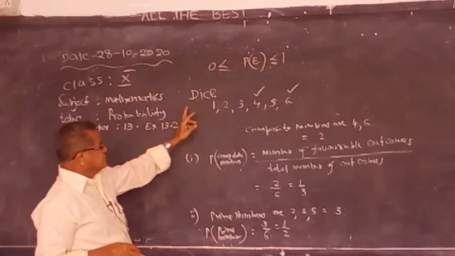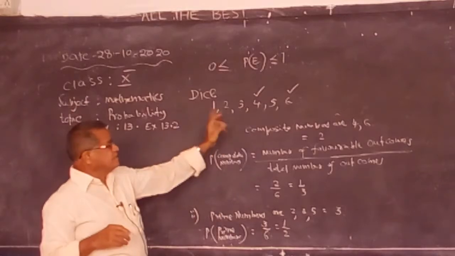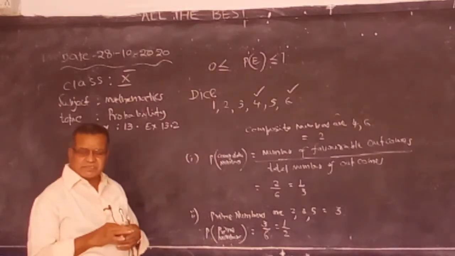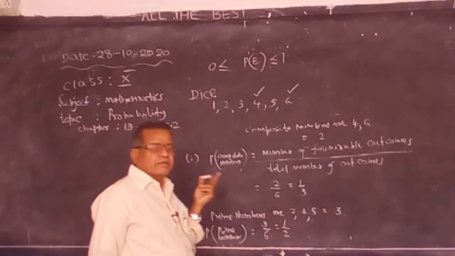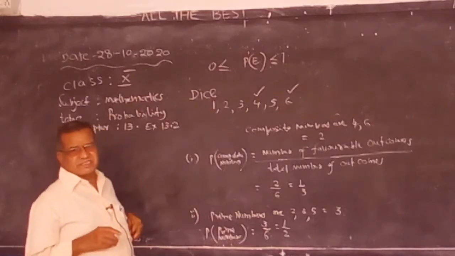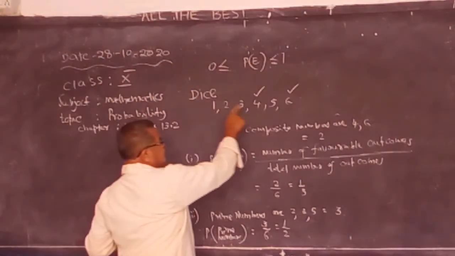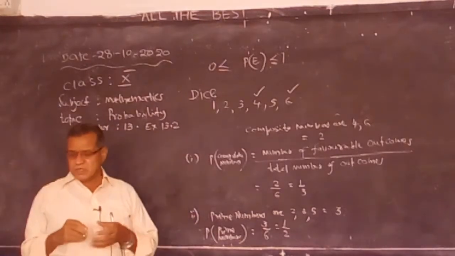Dice has 6 faces, each face numbered like this. Among these numbers, some are odd, some are even, some are prime, some are composite, some are perfect squares. Perfect squares are 1 and 4. So he will ask in any way.